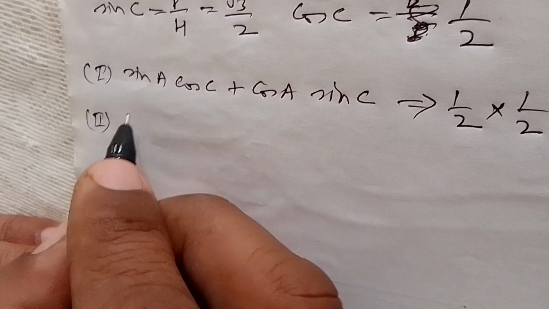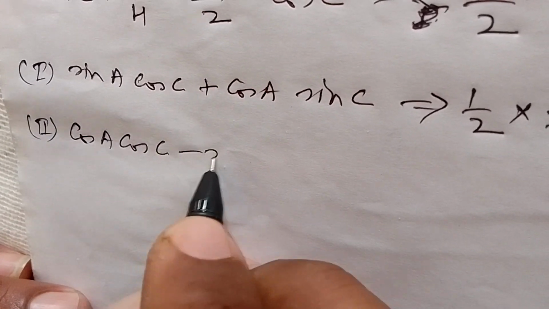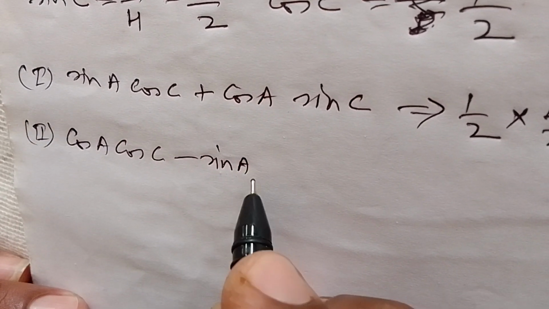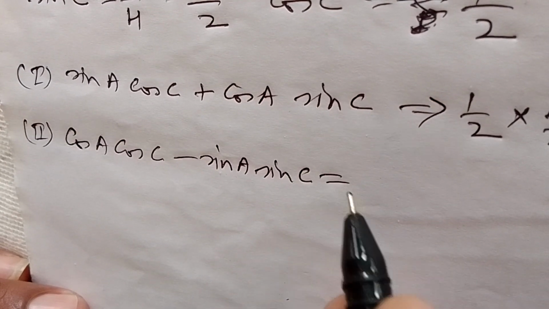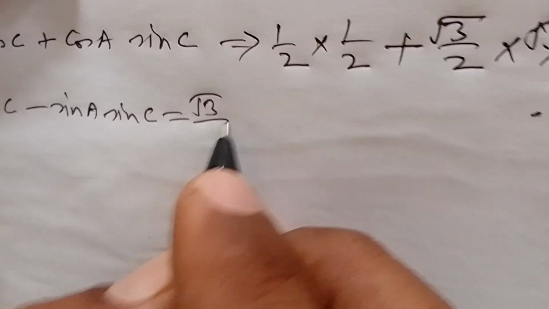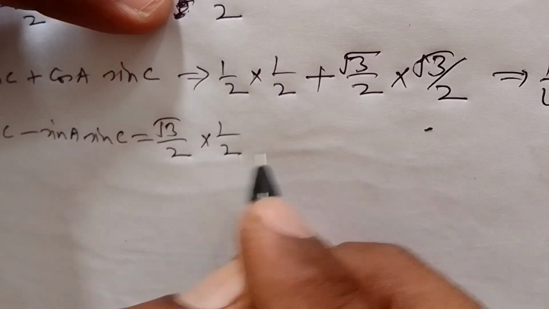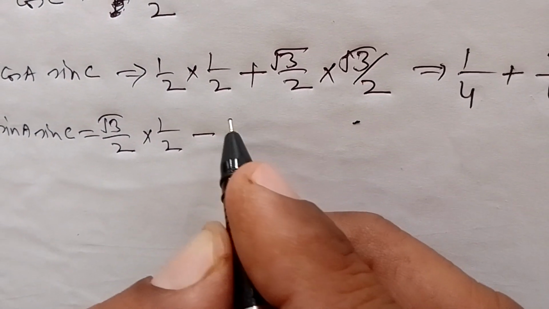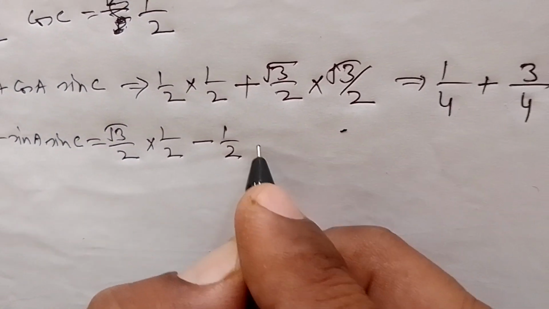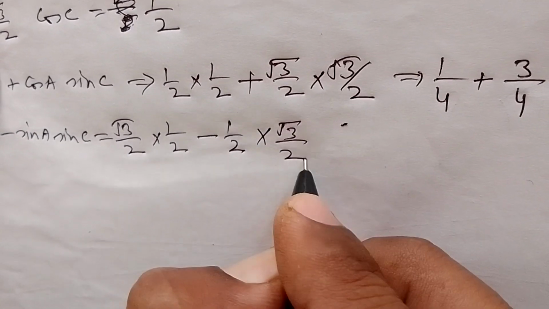The second part solution is cos A cos C minus sin A sin C. When we put the value of cos A under root 3 by 2, cos C multiplied by 1 by 2, minus sin A 1 by 2 multiplied by sin C under root 3 by 2.